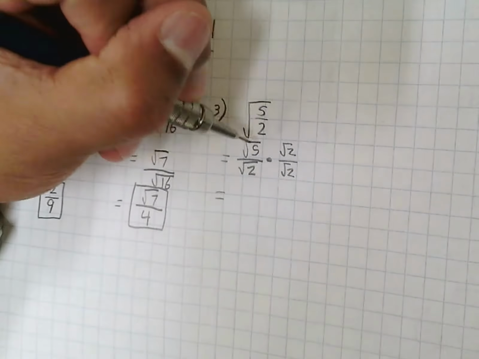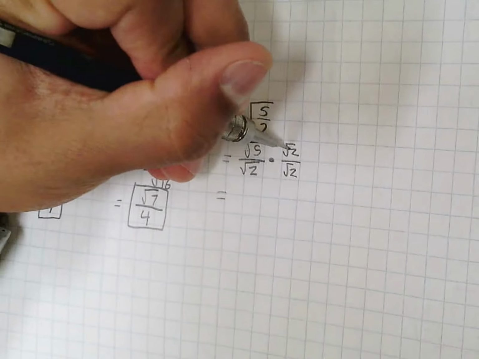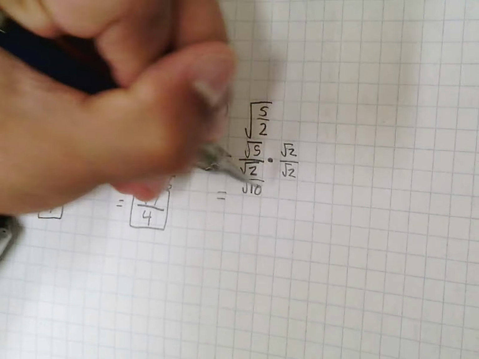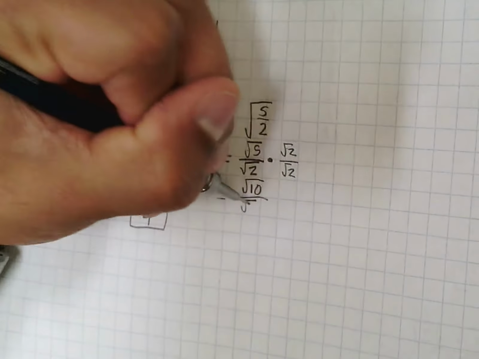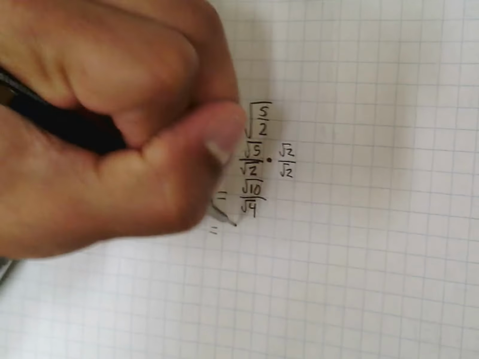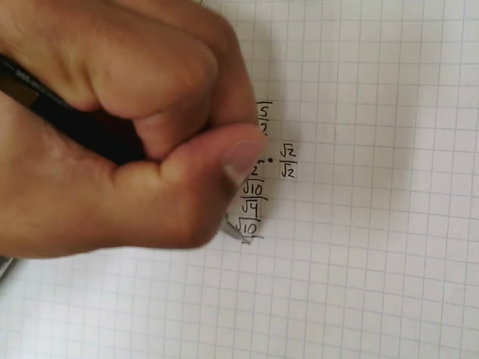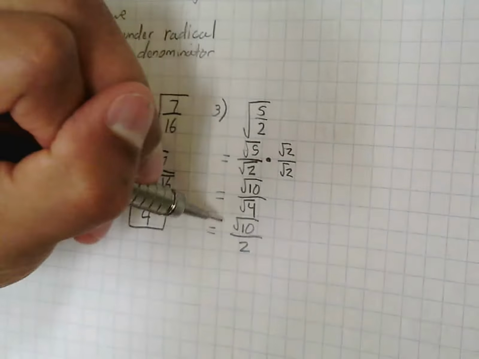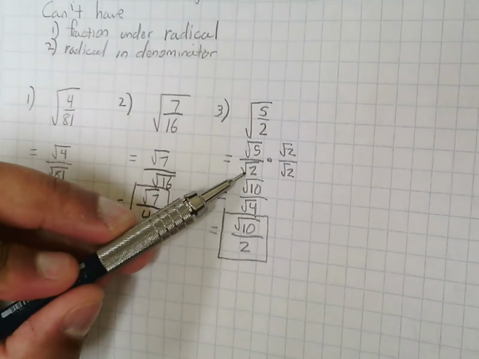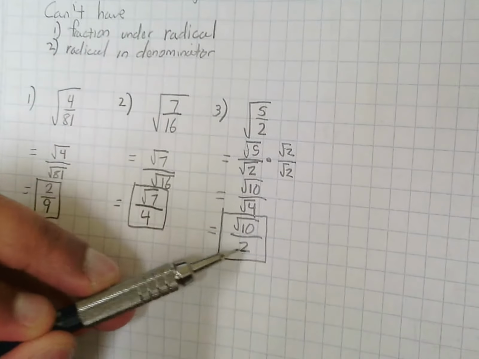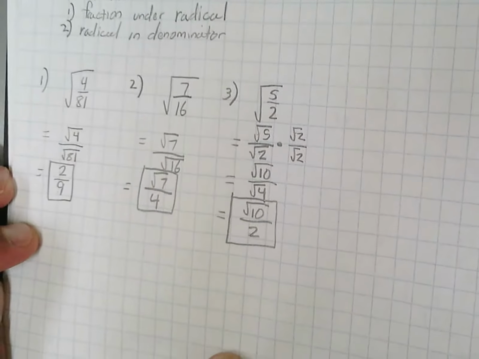Let's see what happens. The square root of 5 times the square root of 2 is the square root of 10. And the square root of 2 times the square root of 2 is the square root of 4, and the square root of 4 is a perfect square. It's 2. So now I'm good. I no longer have that square root in the denominator. It's now a rational number.